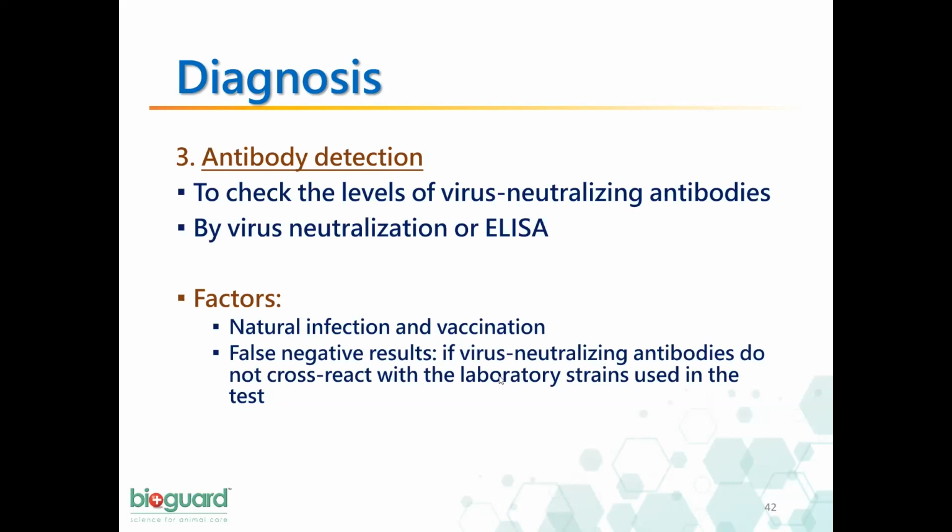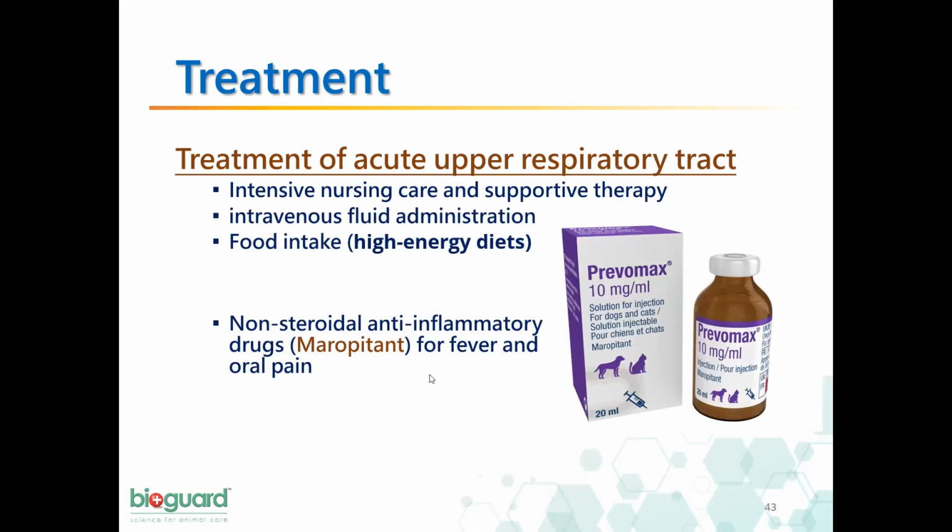False negative results can also occur if virus neutralizing antibodies do not cross-react with the laboratory strains used in the test. So ELISA has its own limitations, but it is also another reliable method that can be used.